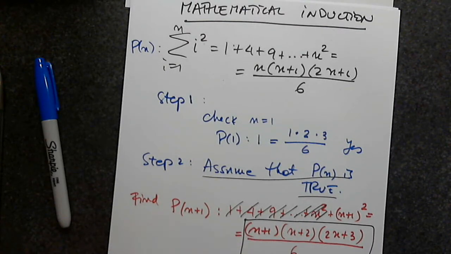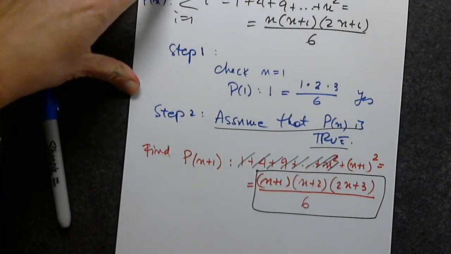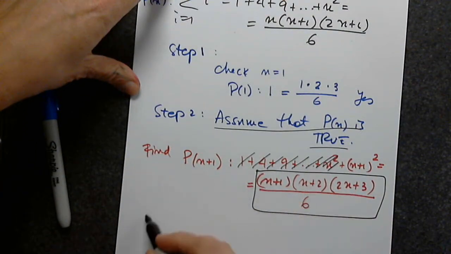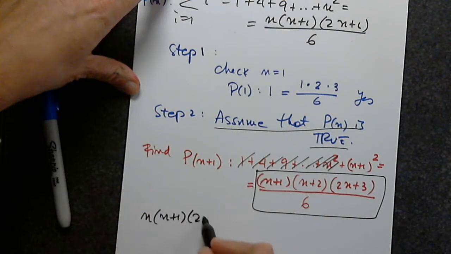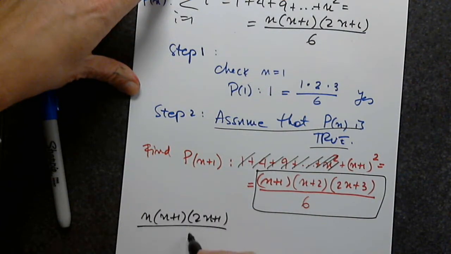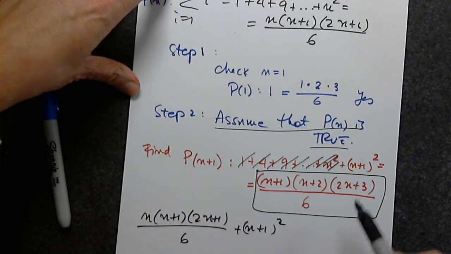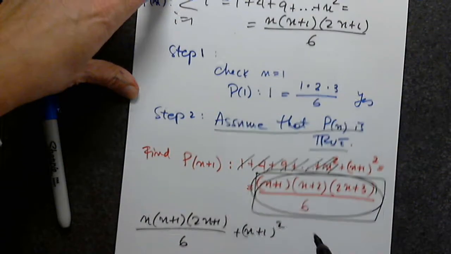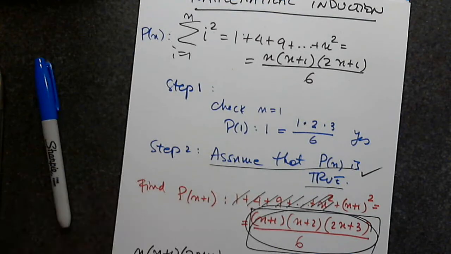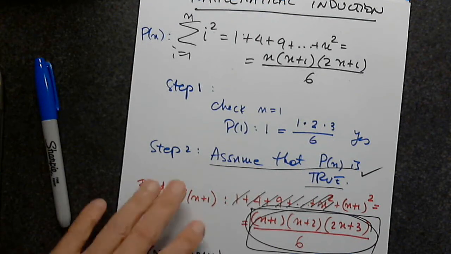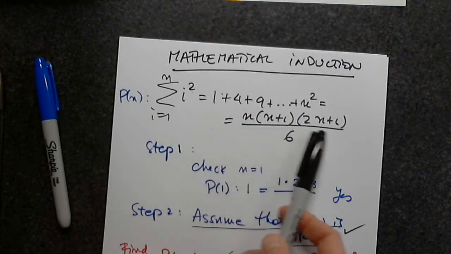If I don't get this, I'll say Pn is wrong. So I replace this by n times (n plus 1) times (2n plus 1) divided by 6, and I'm adding (n plus 1) squared. If I end up with this, I'll say then my assumption was true, and therefore the sum of i squared is this.